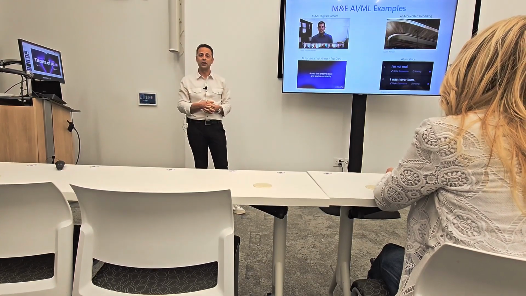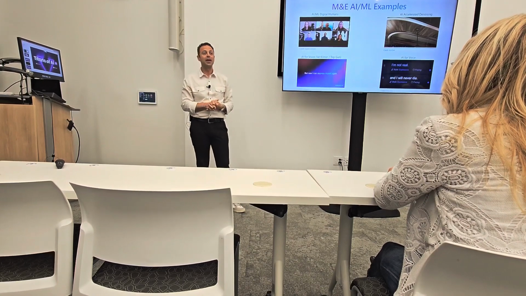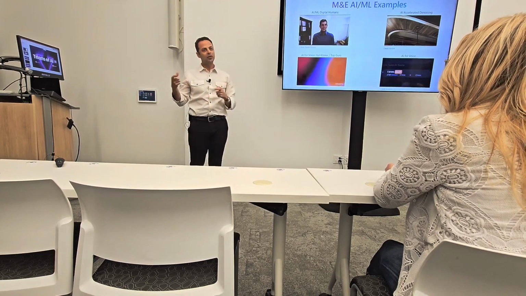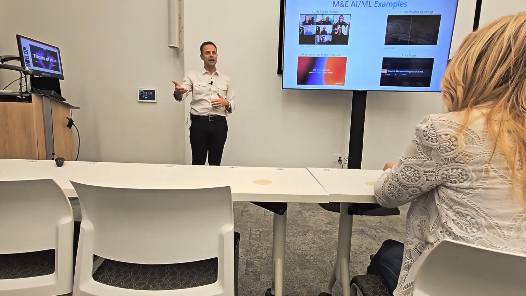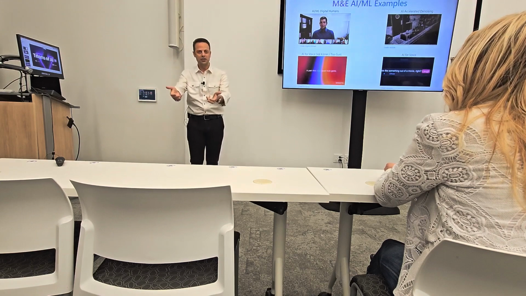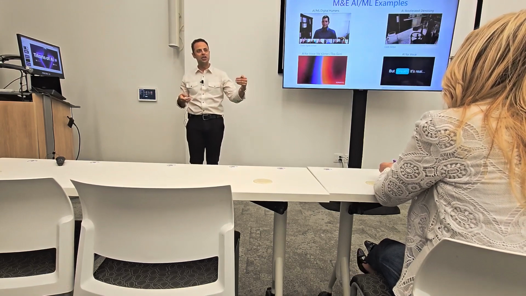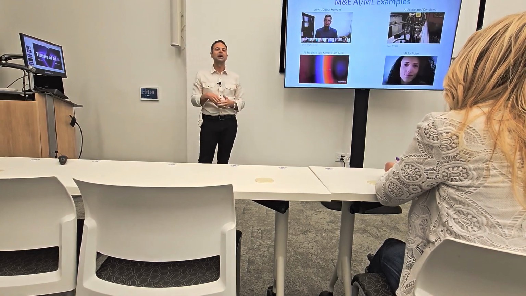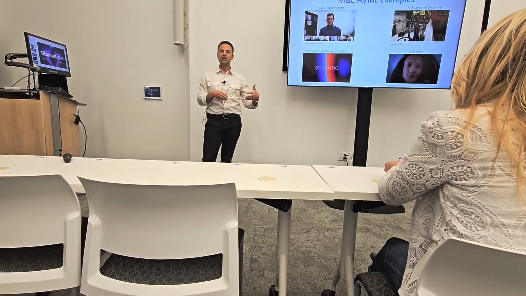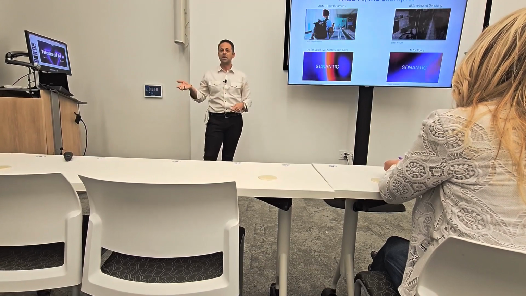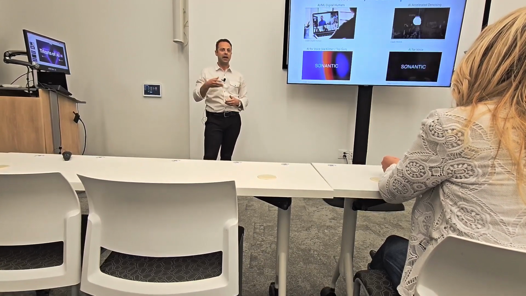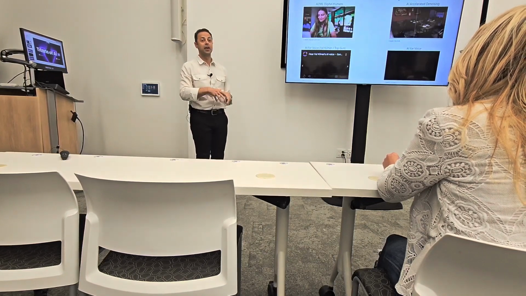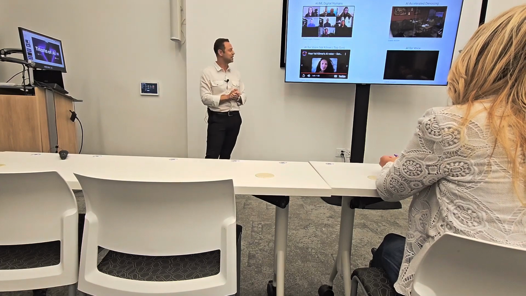Pixar had just released a new version of RenderMan, and in it is an AI-based component. It's a denoising engine, right? That denoising engine now is part of the pipeline and in line, so to speak, so that it can use AI to determine probability of noisy frames and begin to denoise those on the fly, saving a lot of time for the artists and freeing them up to go do a lot more of the work that they want to do. They also happen to be a pretty expensive resource.